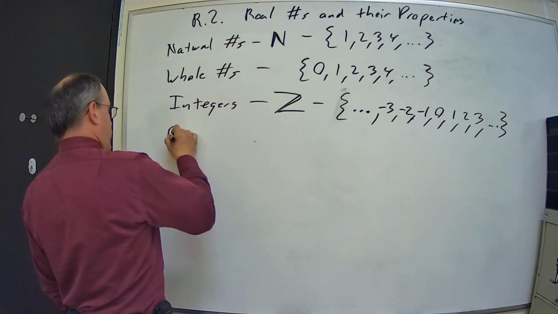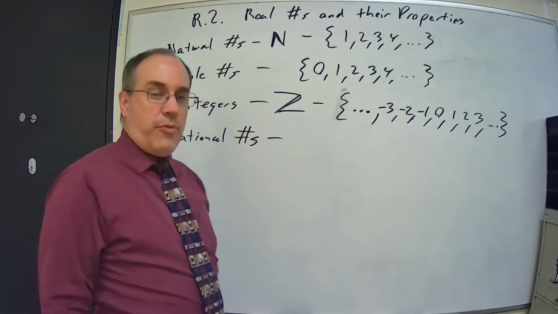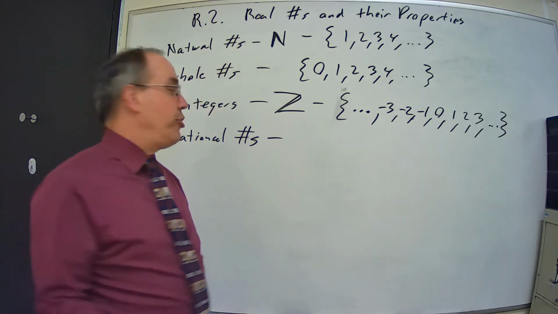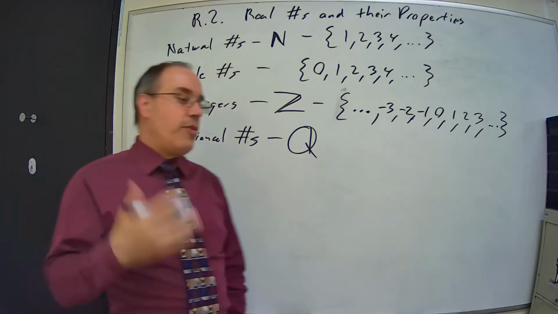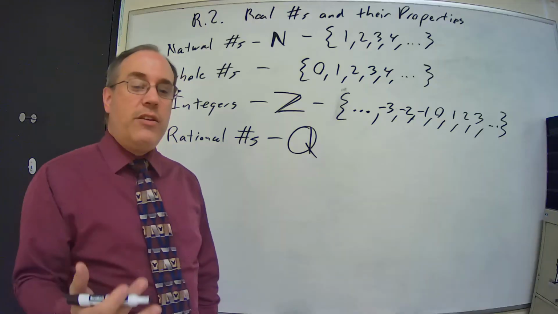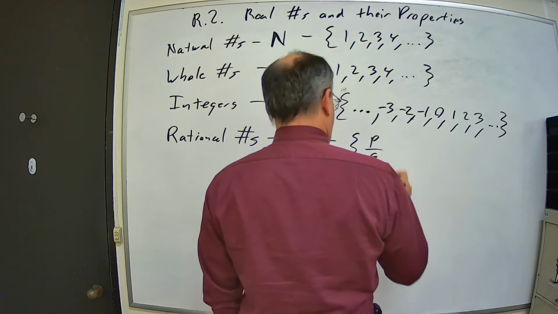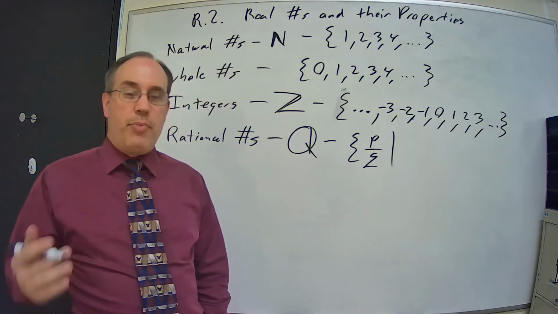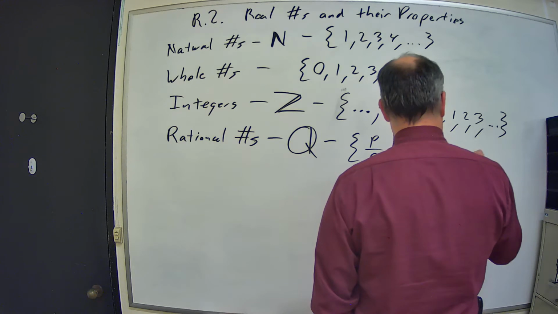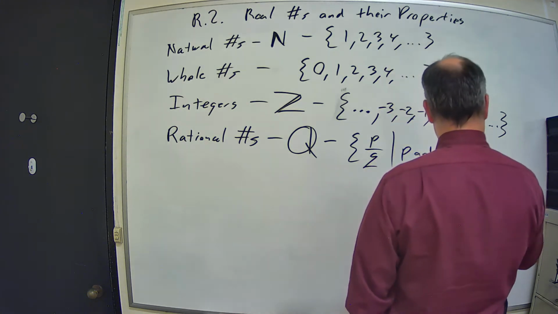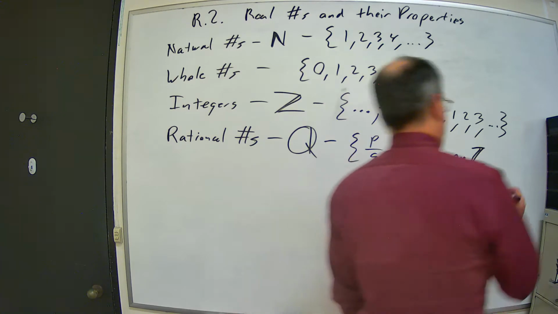Rational numbers. Rational numbers, we use a bold or capitalized Q. So, rational numbers are any numbers that can be written in the form P over Q such that P and Q are integers, and Q is not equal to 0.